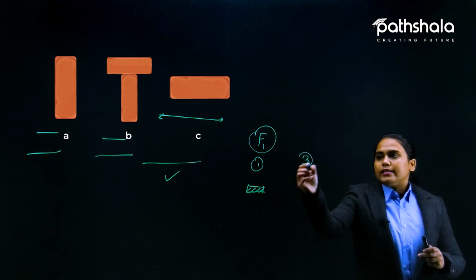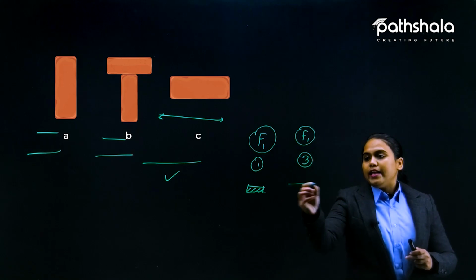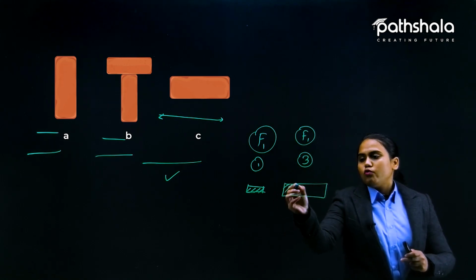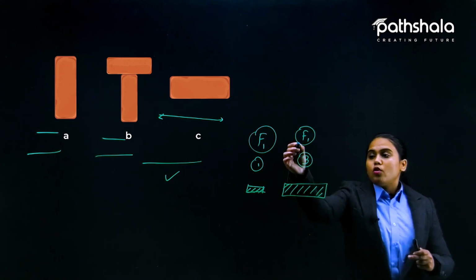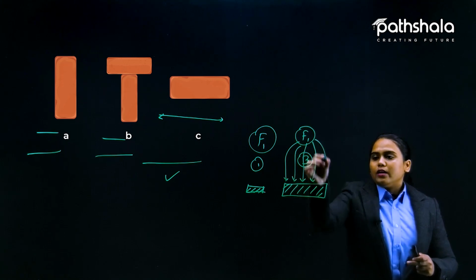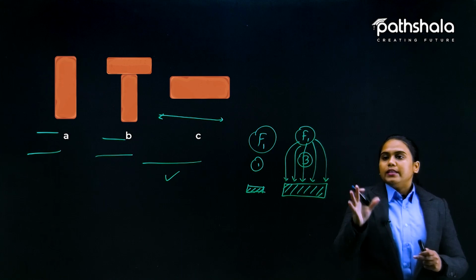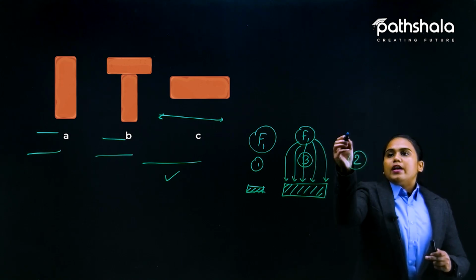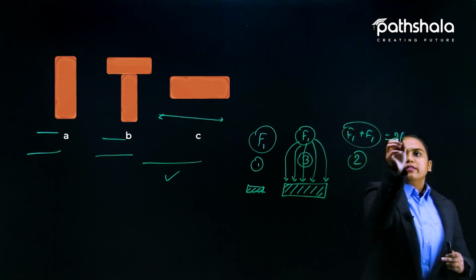And in the third case, again the force is F1, but the area is large. So the force is equal, but the area is large, so this force will be equally distributed over the whole area. But in the second case, dear all, we have F1 plus F1, that is 2F1.